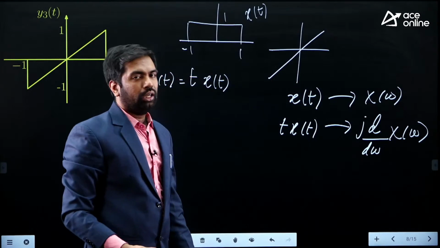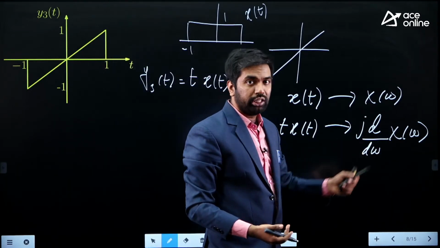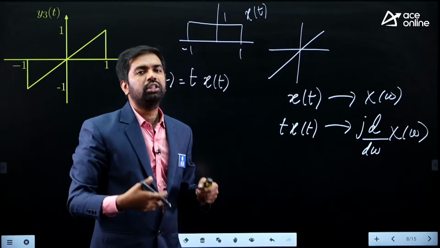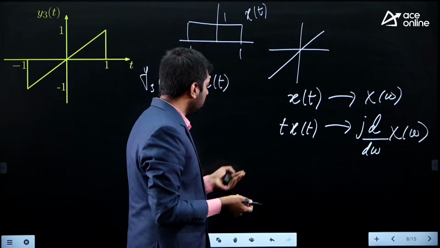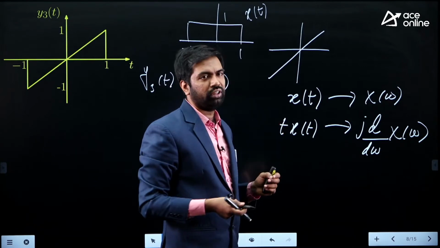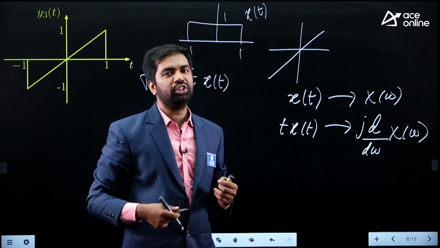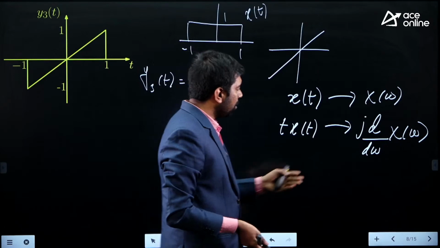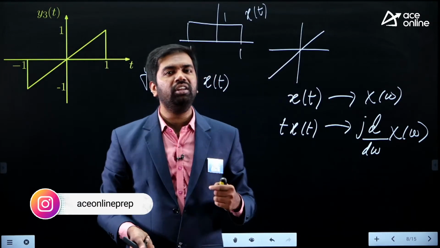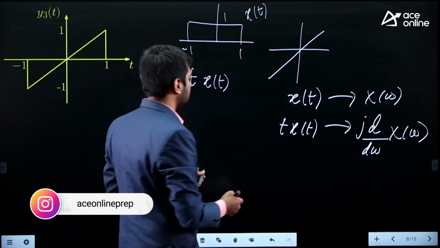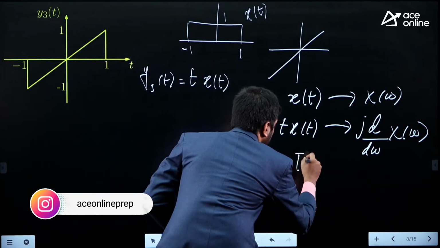This property is called differentiation in frequency, or simply the times t property, because you are multiplying t with x of t. You can also call it differentiation in frequency, because you see d by d omega of X of omega.